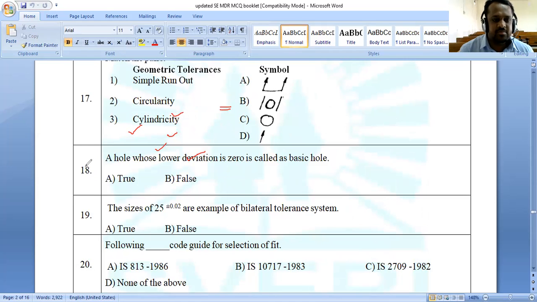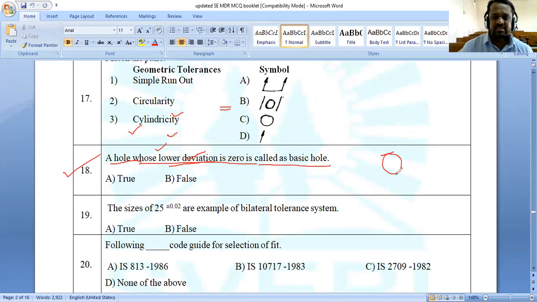Question number 18, please read. The hole whose lower deviation is 0 is called a basic hole. It's correct or wrong? The hole is there whose lower deviation is 0.